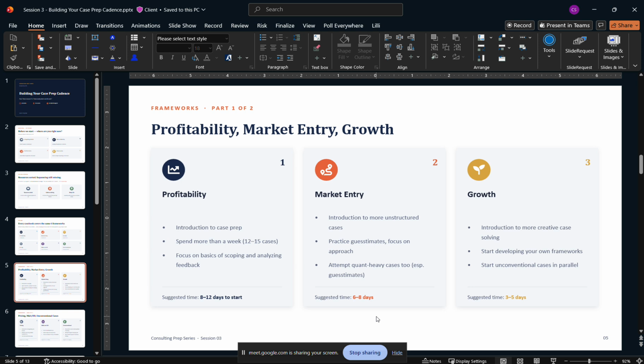It will most likely test your quant, because in market entry cases you do have to do guesstimates which are numbers heavy, and you have to come to a conclusion basis the numbers as well. So market entry is a different beast altogether. But again, once you have your base with profitability, market entry will start feeling more structured and easier.